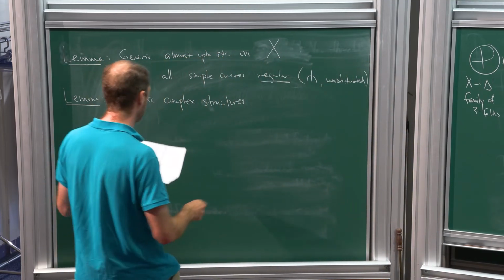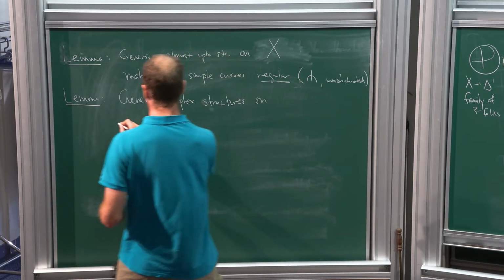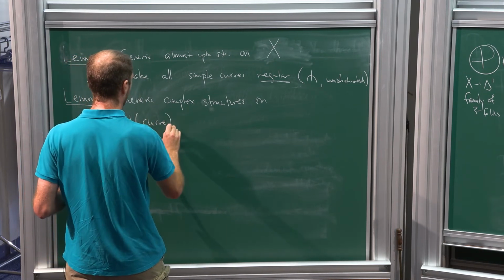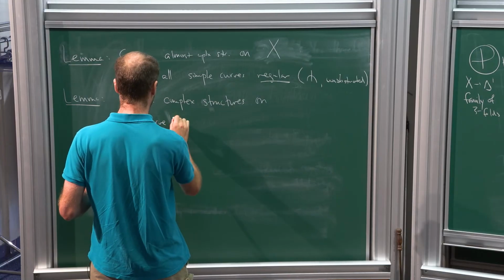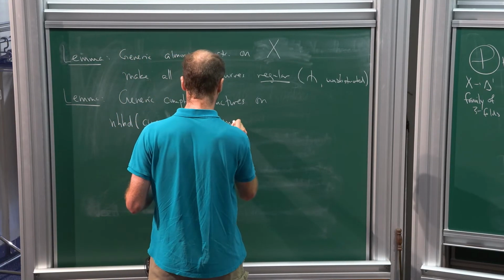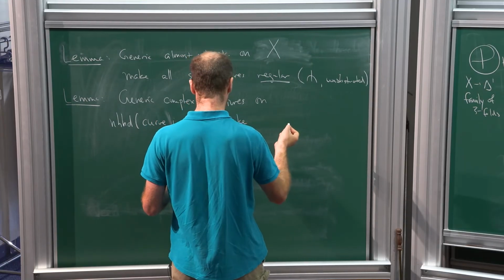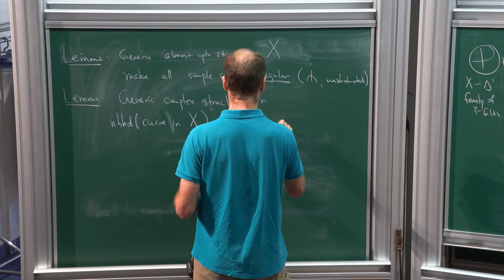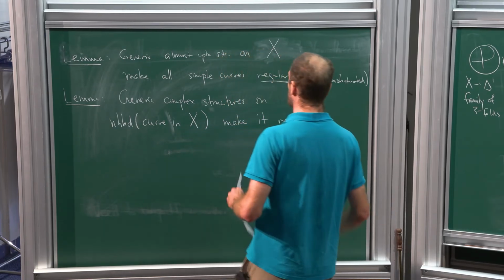So generic almost complex structures on a neighborhood of a curve in X make it regular.